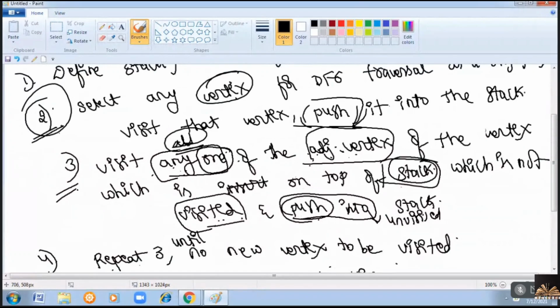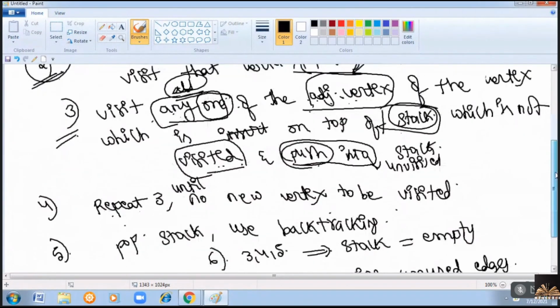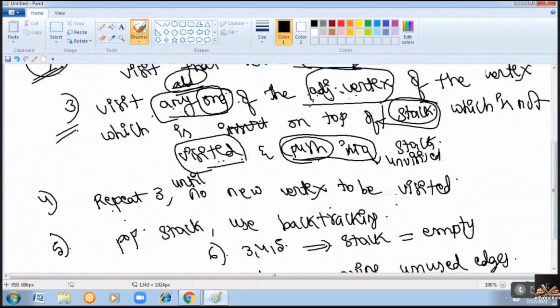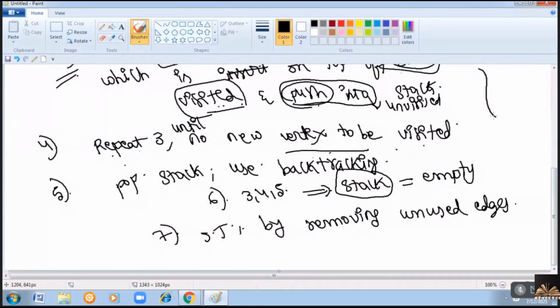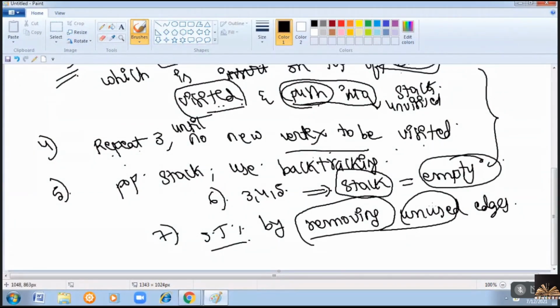And this is to be repeated until you find no new vertex which is to be visited, right? If yes, then you pop that element from the top and use backtracking, and you repeat all these steps until your stack becomes empty, then produce the spanning tree by removing the unused edges. Clear?